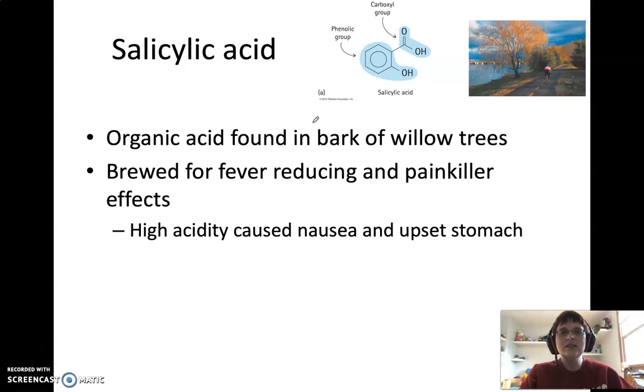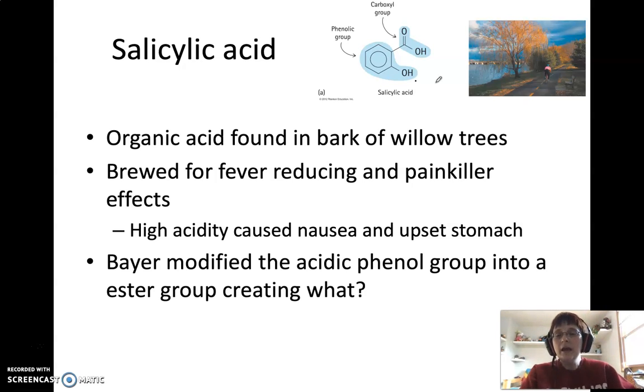The problem is this other side. I'm not going to talk about phenolic groups, but this group causes problems because it actually creates an acidic system. So this actually causes nausea and upset stomach in some people, which, depending on the fever and the pain that you're experiencing, might not be such a bad side effect.